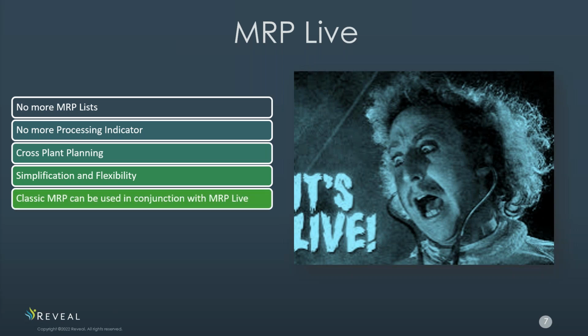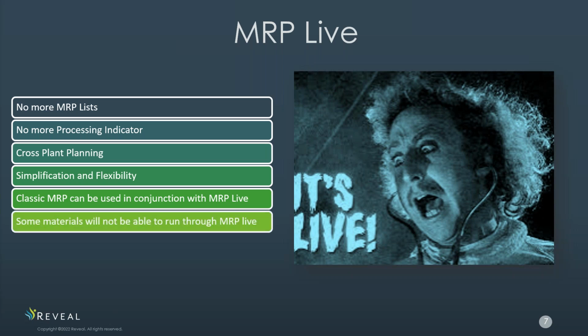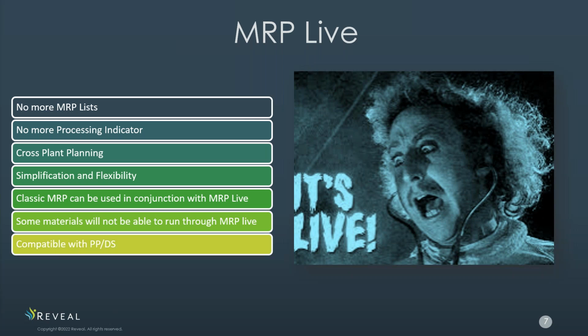Okay. Another thing that's great is that we can use classic MRP in conjunction with MRP Live, although that comes with a number of cautions. But just know that there are some types of planning that are not conducted fully through MRP Live as it sits today. So in that, examples of that would be something like consumption-based planning, reorder points, those kinds of things are still going to be subject to that classic MRP run.